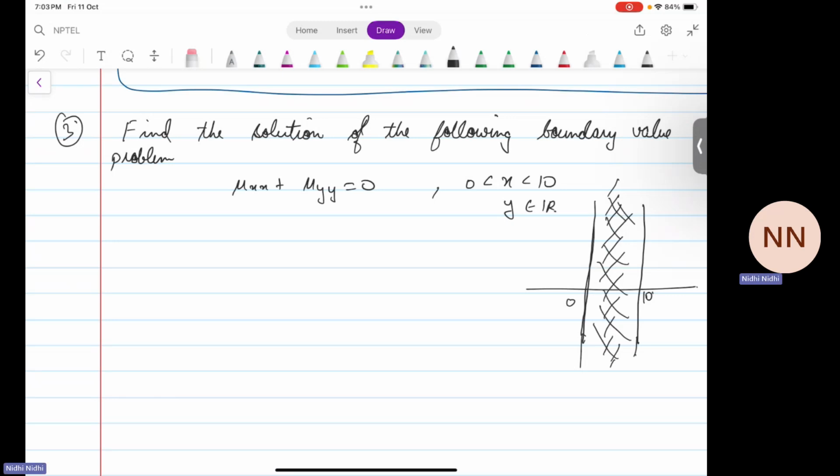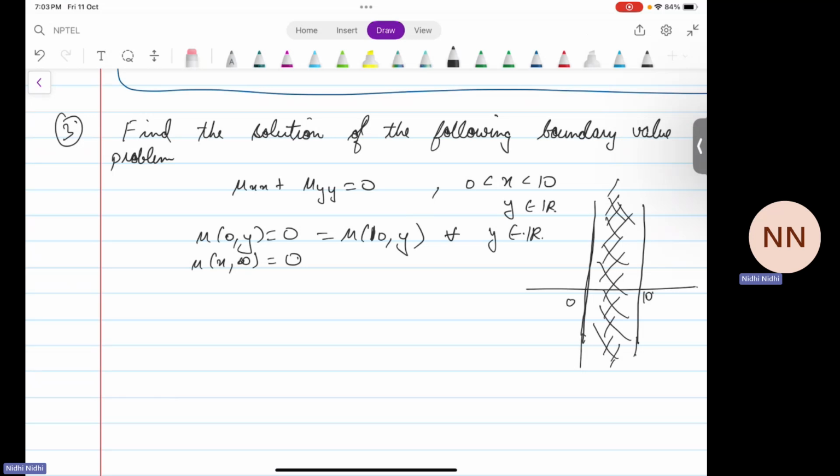Along with the boundary conditions, u(0,y) equals 0 is equal to u(10,y) for every y in R. The next condition is u(x, infinity) equals 0.